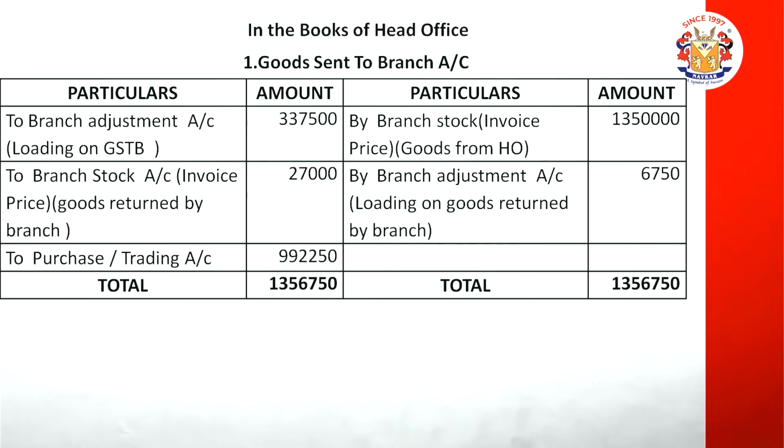Out of this 27,000, unrealized profit in these goods returned by branch would be credited to goods sent to branch account but debited to branch adjustment account. So the journal entry regarding 6750, which is loading on goods returned by branch, will be: branch adjustment account debit 6750 to goods sent to branch account 6750.